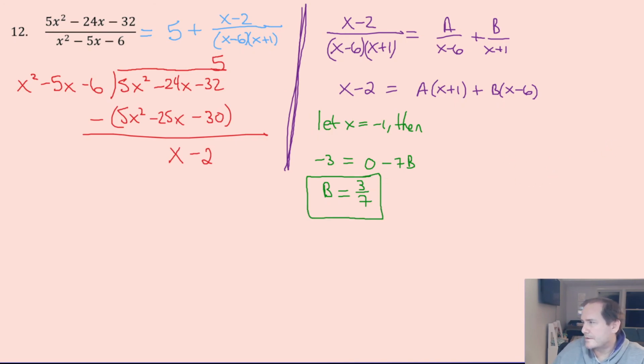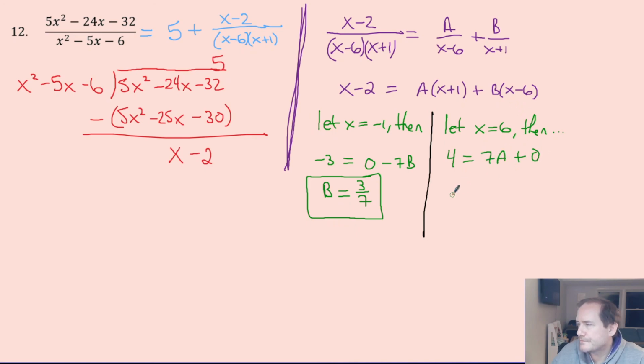Alright, that's fine. We should have an ugly one, I think. Then we're going to let x equal 6. Then 6 minus 2 is going to be 4. That's going to equal 7a plus 0. So a equals 4/7.